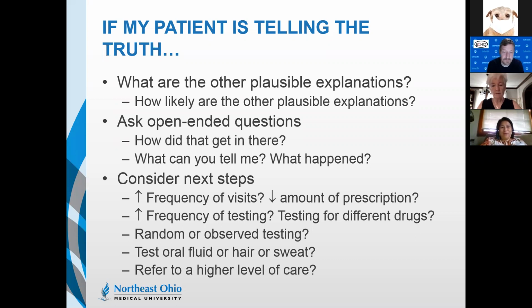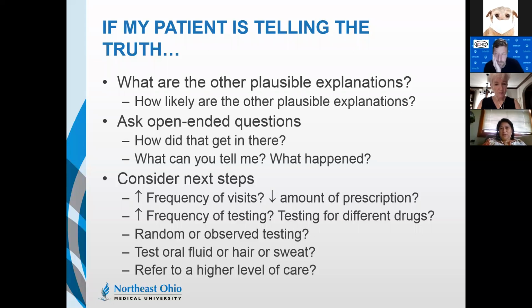And then once that is sort of out on the table, then really the issue is, so now what? So now what do I do? Or now what do we do? And by we, I mean me and the patient. So does this mean you have to come in more frequently? Do I have to increase the amount of prescription that I give you each time? Do I have to test you more frequently? Should I be testing for different drugs?